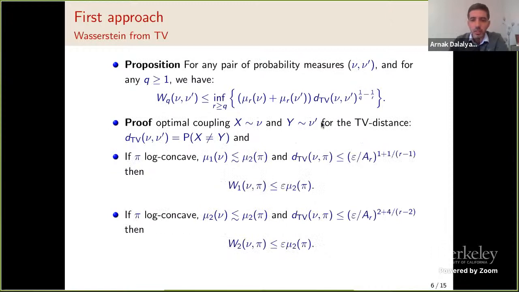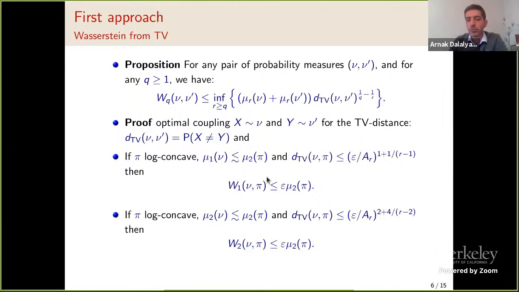Just let me mention that if we use this inequality in the case where one of these two distributions is log-concave, then, as I have already mentioned, the moment of order r can be upper bounded by the second order moment.